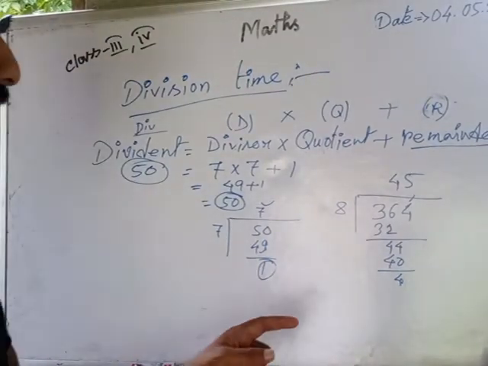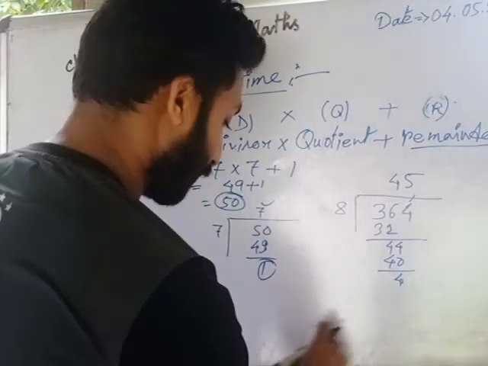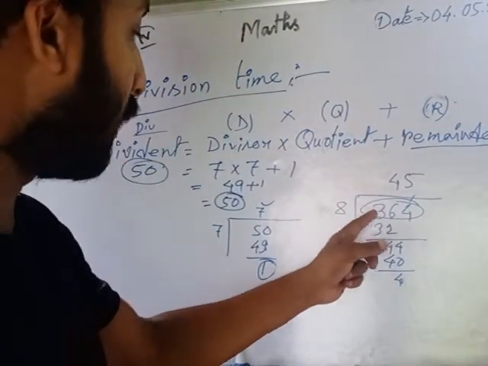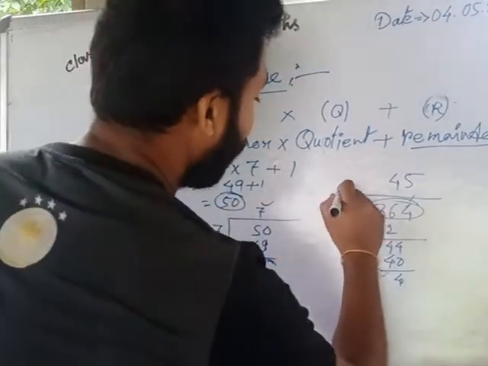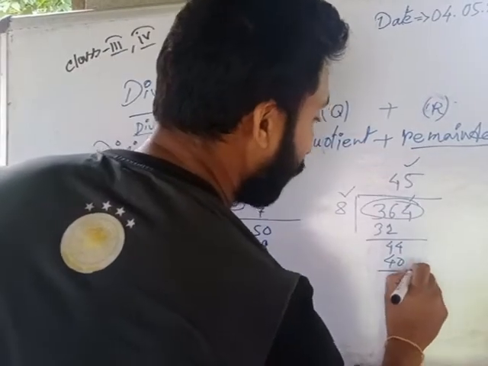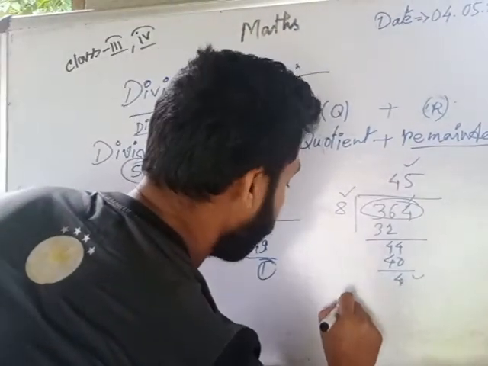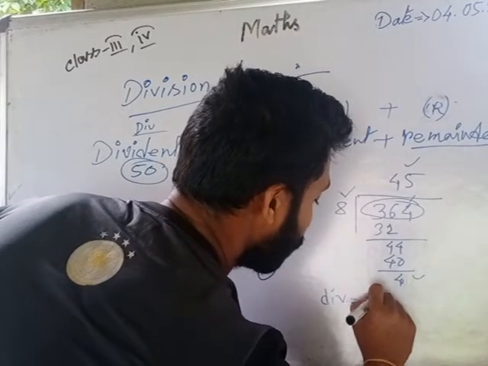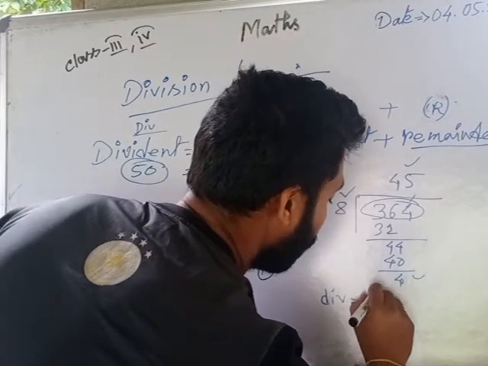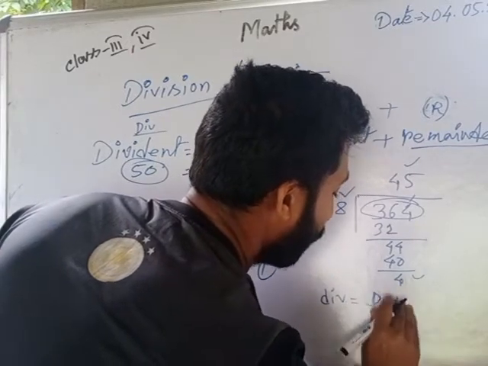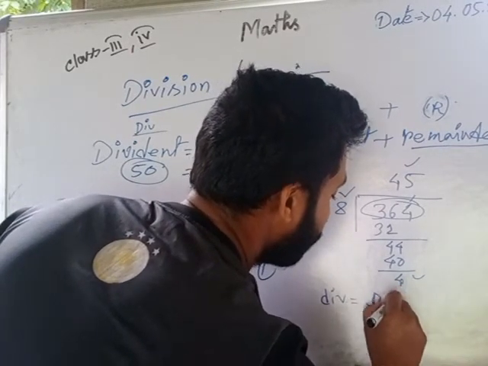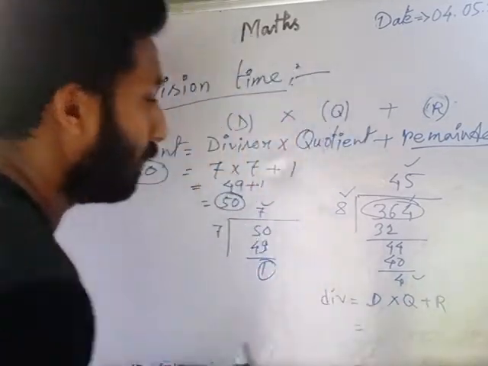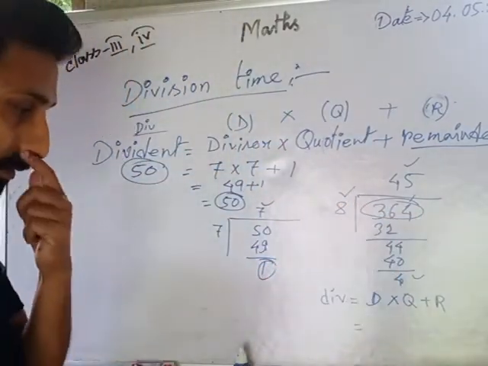How to check your answer? You should get 364. If we multiply 8 with 45 and add 4, that means Div is equal to D multiplied with Q plus R. If it is the same 364, your answer is correct.